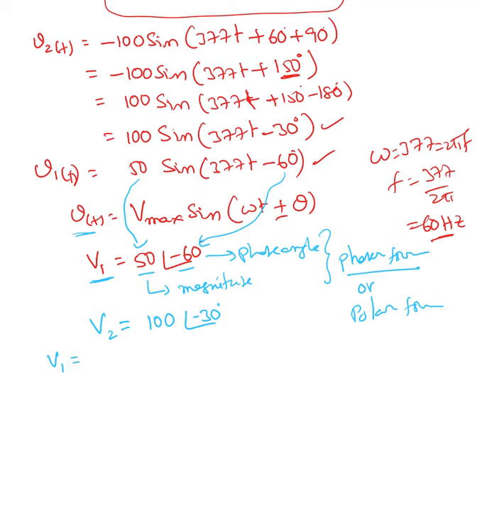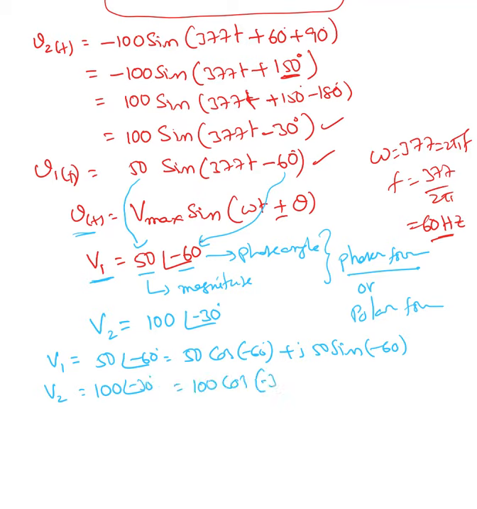I'm going to write it one more time here: 50 at an angle of minus 60, that's phasor format, equals 50 times cos minus 60 plus j 50 times sine minus 60. Same thing, v2 equal to 100 at an angle of minus 30 equals 100 cos minus 30 plus j 100 sine minus 30.